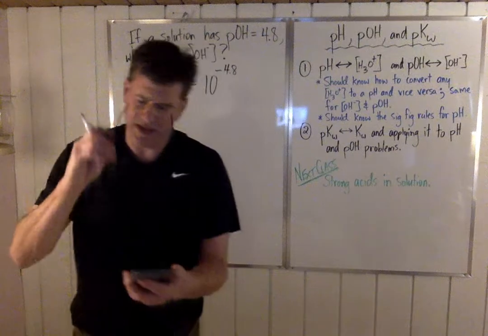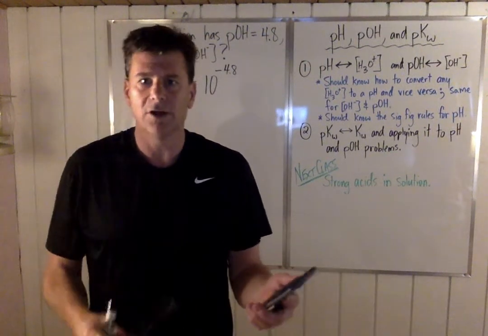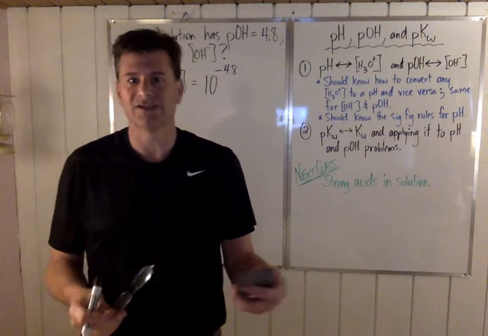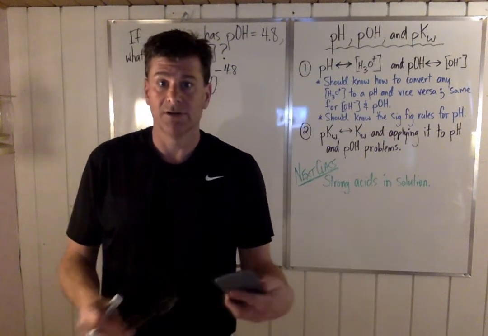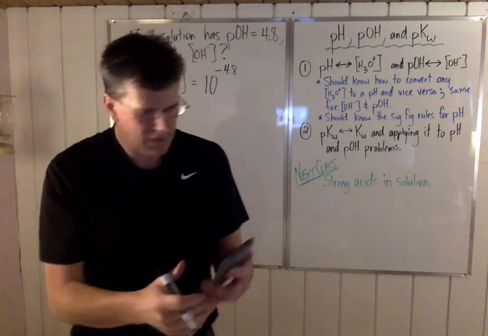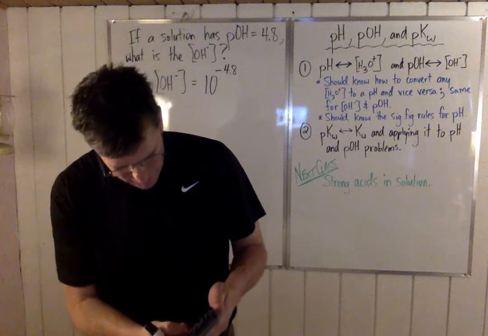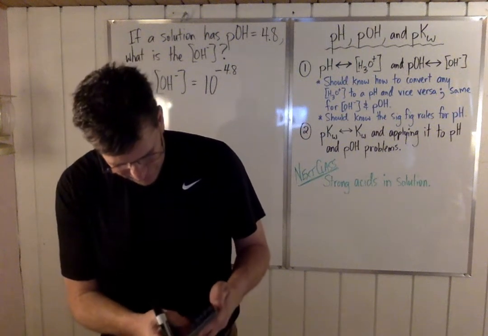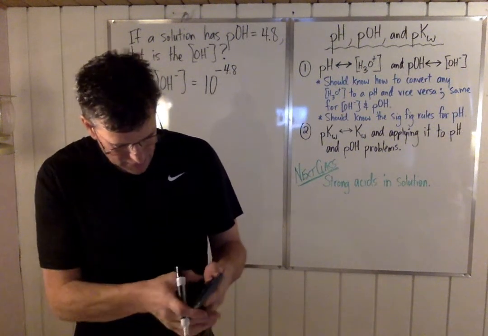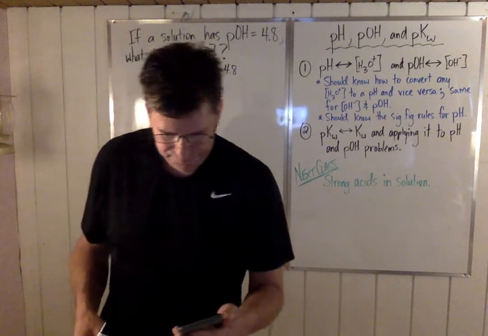So I need my glasses again. Okay, so oftentimes 10 to the x, if you have a log button on your calculator, is oftentimes the inverse function of that log button. So I'm going 10 to the power of negative 4.8. So mine is an inverse. So shift 10 to the power of negative 4.8 equals.